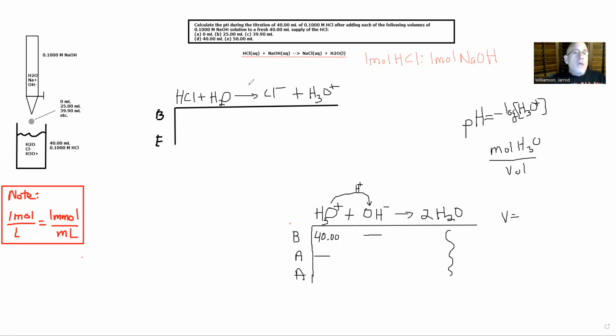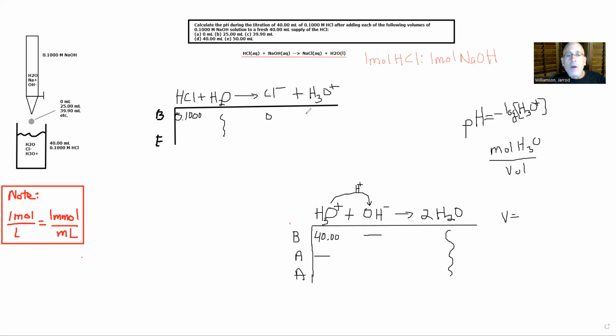Okay. In part A, to get the pH, it's minus the log of the hydronium ion concentration. And in part A, we want to know what the concentration is after we have added no sodium hydroxide, or what is the initial concentration. Well, the concentration of the hydrochloric acid, the very instant we put it in the water before it breaks apart, is 0.1 molar.